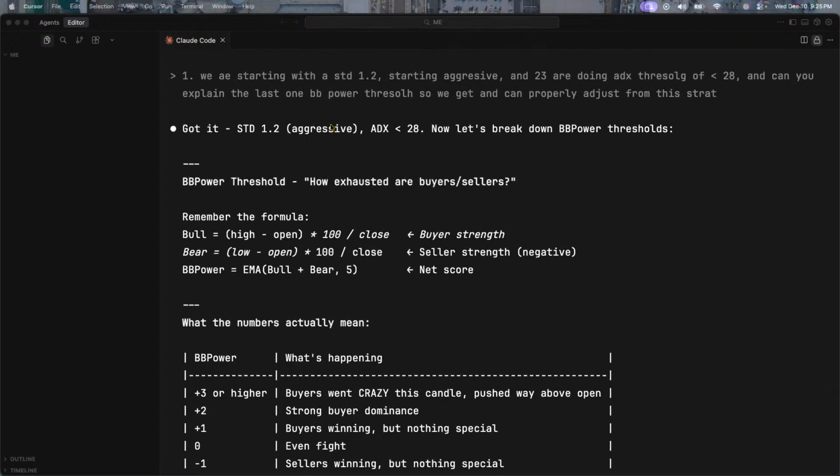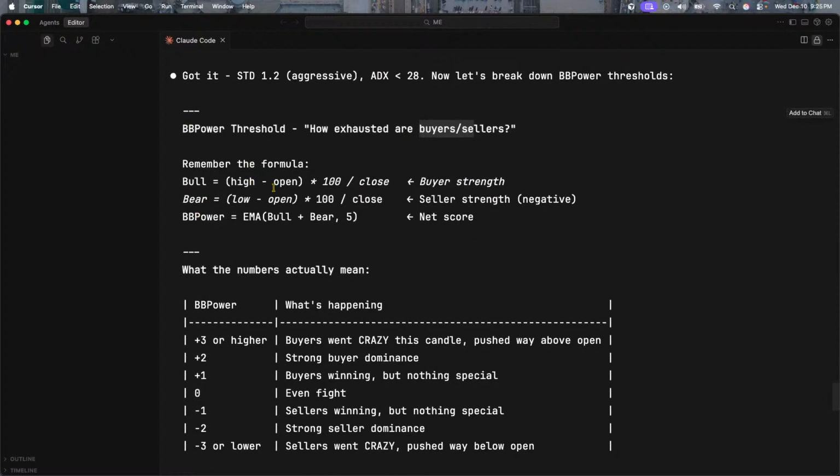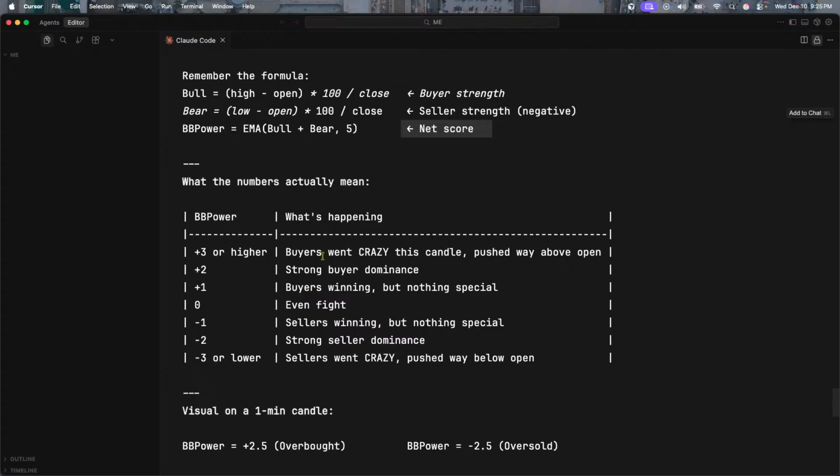So standard deviation of 1.2 is aggressive and ADX of less than 28. Now let's break down the BB power threshold, the buyers or bulls power threshold. How exhausted are the buyers or the sellers? So the high minus the low times 100 over close. This is the buyer strength. And then the inverse is the seller strength. And then the net score is who's in control, right?